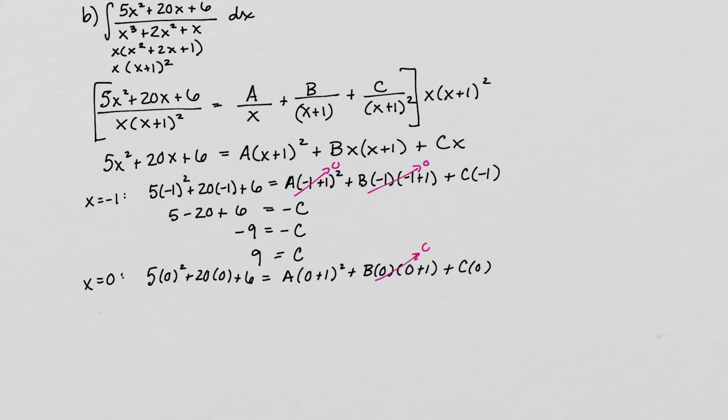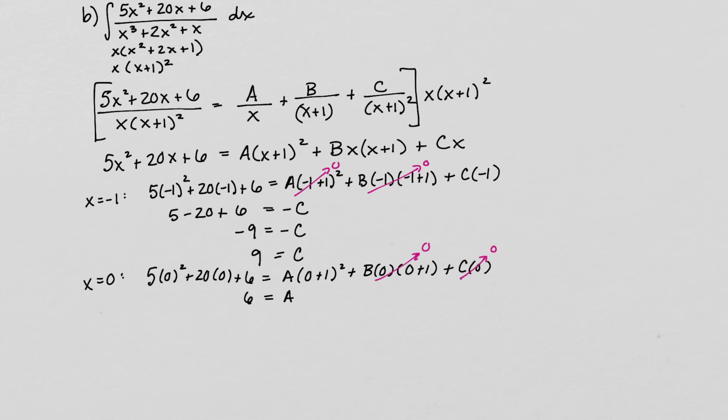So in this case, B goes away and C goes away. And we have 0 plus 0 plus 6. So we have 6 is equal to A. And that's kind of the end of our nice values of making things go away.